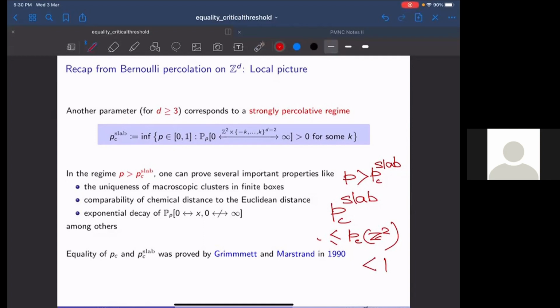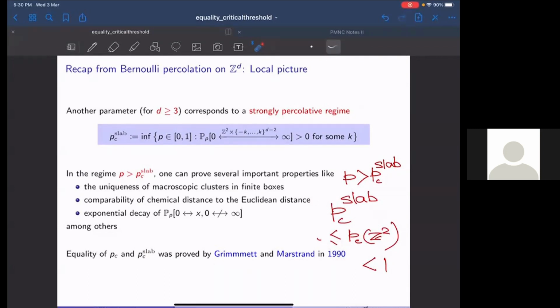But again, just like in the subcritical case, it's much more difficult to prove that it is actually the same as p_c. In this case, it was proven by Grimmett and Marstrand in 1990.